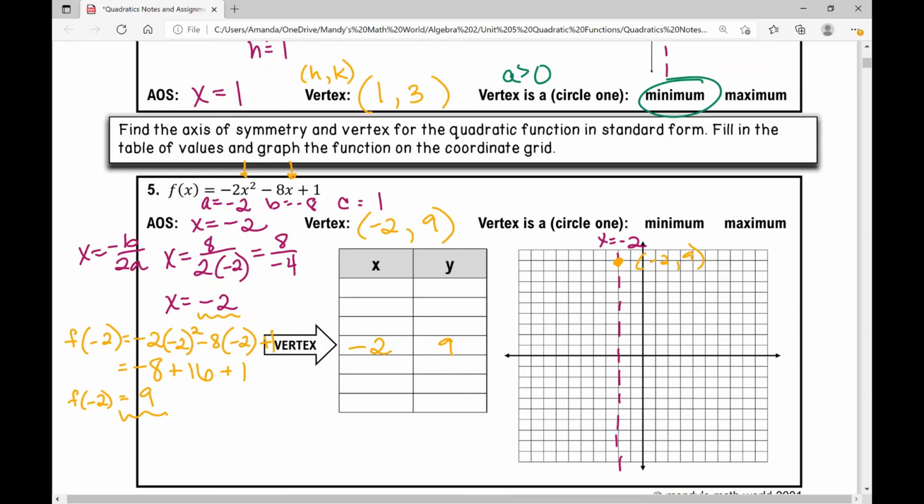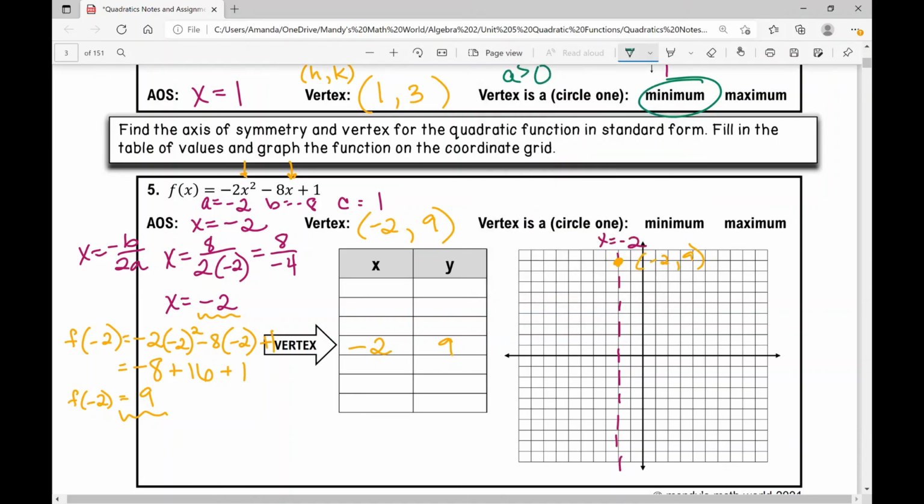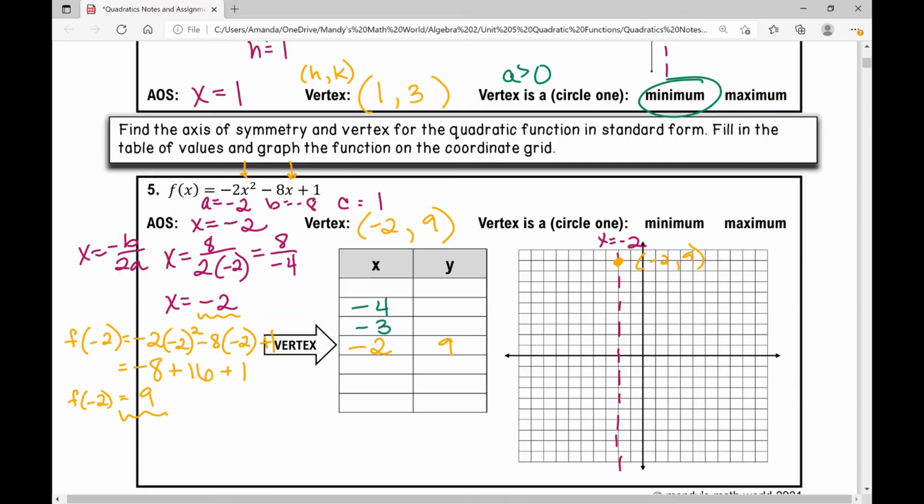So what are the x values that are to the left? Negative 3, negative 4, negative 5. What about to the right? Negative 1, 0, and 1.